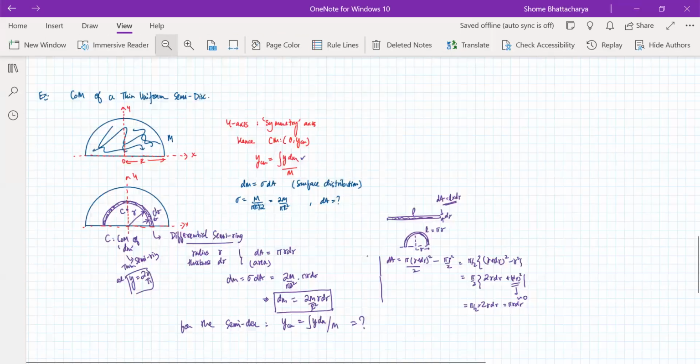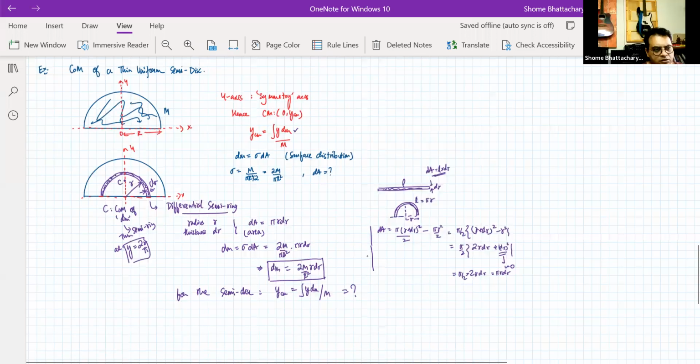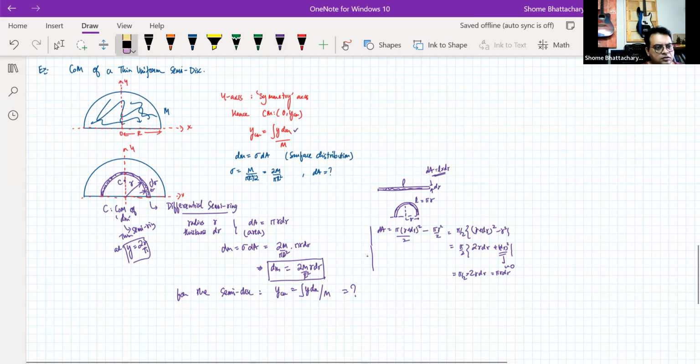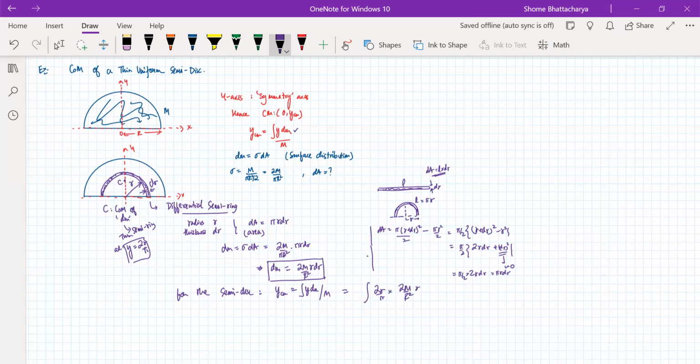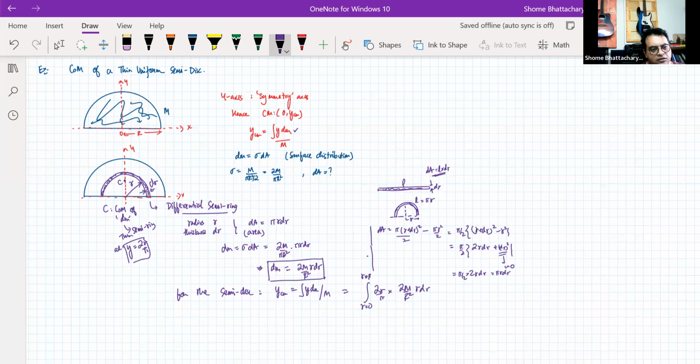So let's look at the final steps of the integration. Right. So this will become, we substitute here, integration of 2r by pi into 2m by capital R square, r dr from 0 to capital R, the whole thing divided by m.